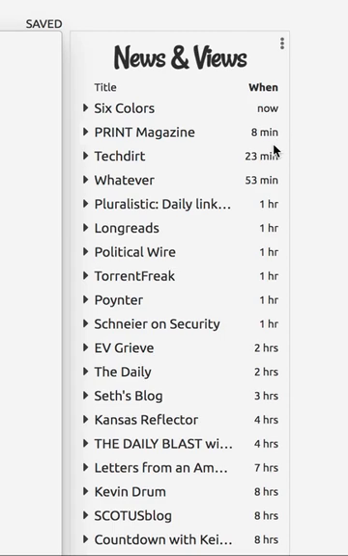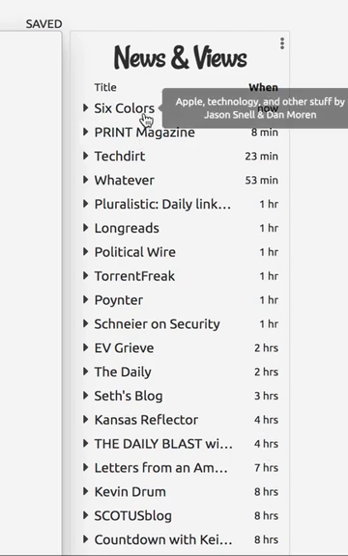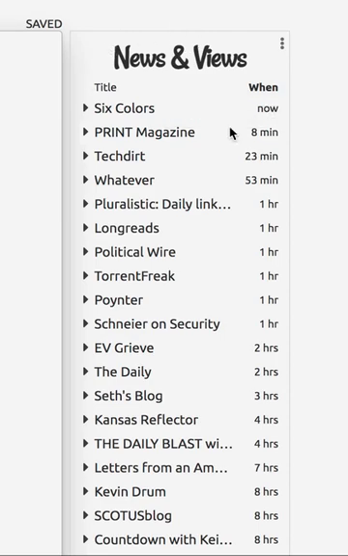And the truth is the only thing that matters here is the currency, how recently it's updated. Honestly, you don't even need to know that it was 8 minutes, 23 minutes, 1 hour, etc. On the other hand, if you don't have that much width, that would of course potentially make it a lot narrower, but the problem is that when you were to expand the wedge here, and I don't want to do that right now because I don't want to get ahead of myself in the demo, it needs a certain amount of horizontal room to show you the text of the stories.